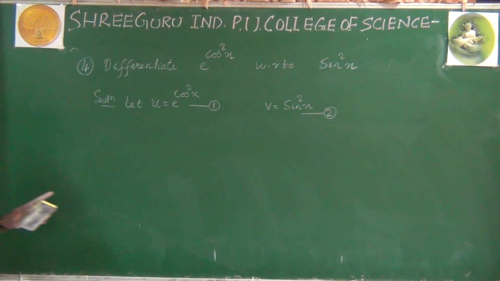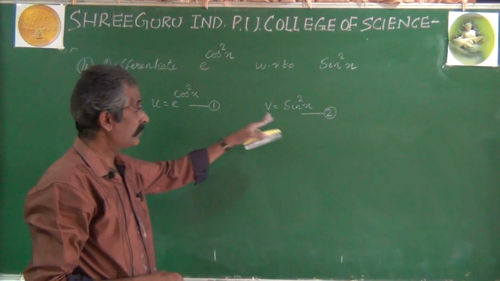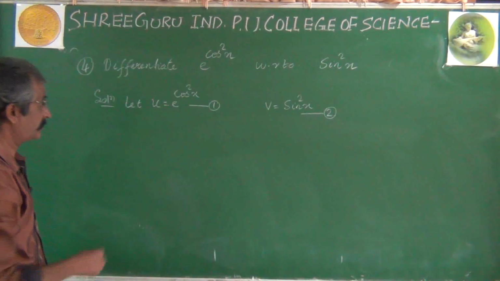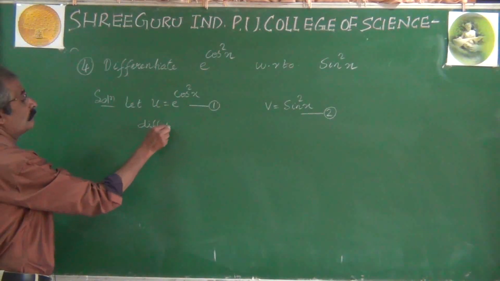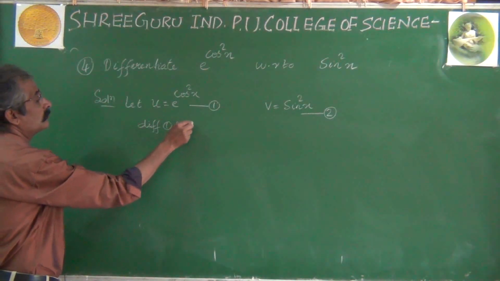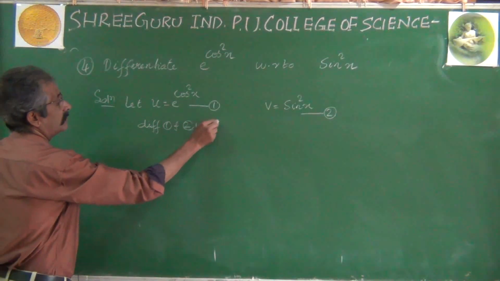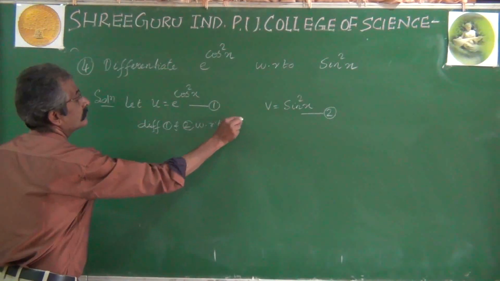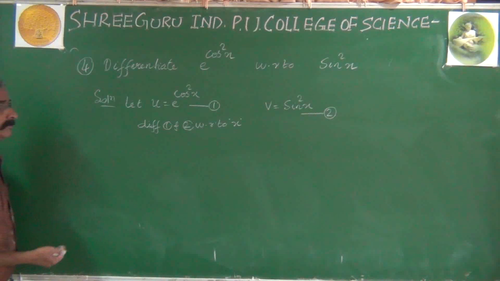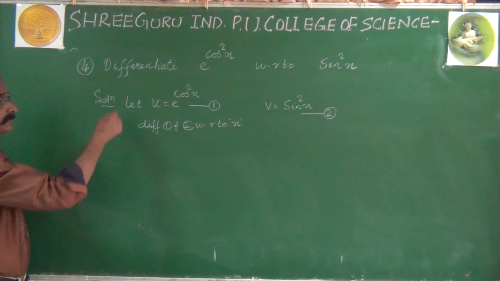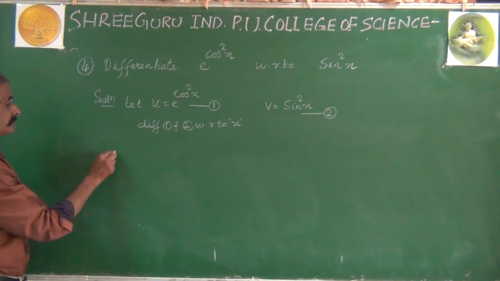So now, differentiating 1 and 2 with respect to x. Next step, differentiate 1 and 2 with respect to x. Differentiation of u becomes u dash.